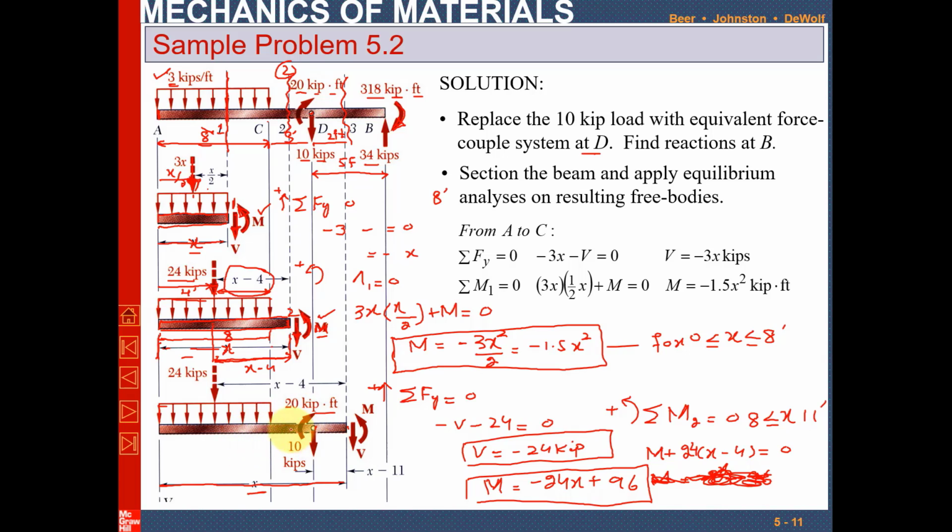So by using the equilibrium condition you can solve it, and you can also find the equation of shear force and bending moment. It's very easy. For shear force, the sum of all forces along y will be equal to 0. So it will be minus V minus 24 minus 10 is equal to 0. So V will be equal to minus 34 kips.